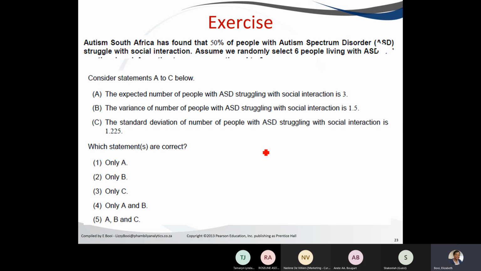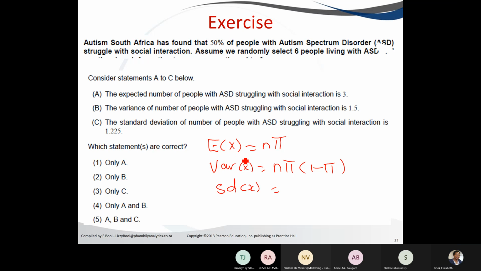Calculate the expected value, which is n times pi, calculate the variance, which is n pi times 1 minus pi, and calculate the standard deviation, which is the square root of your variance.